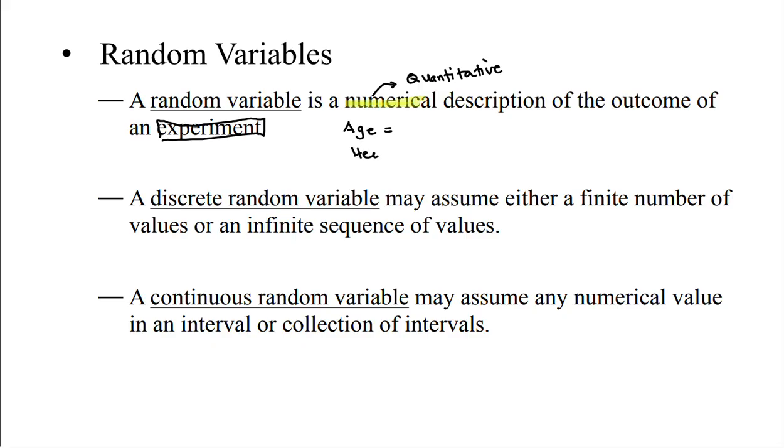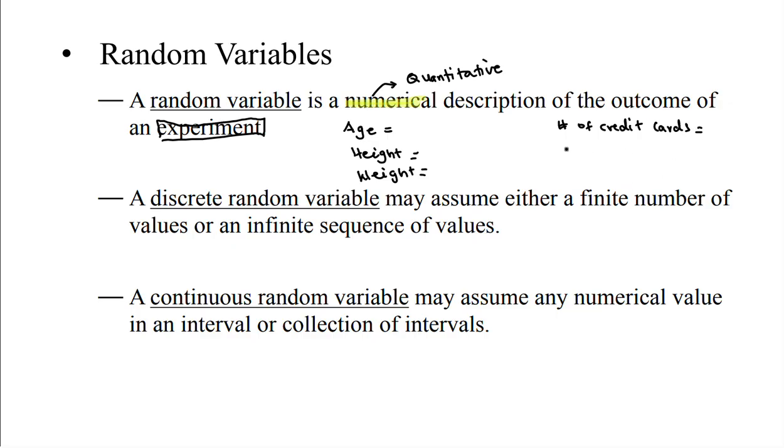And so age is a random variable. Height is a random variable. Weight is a random variable. Number of credit cards is a random variable. Now, can you think of any random variable? I'm pretty sure you could, right?